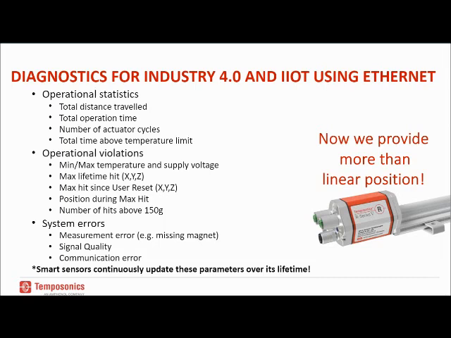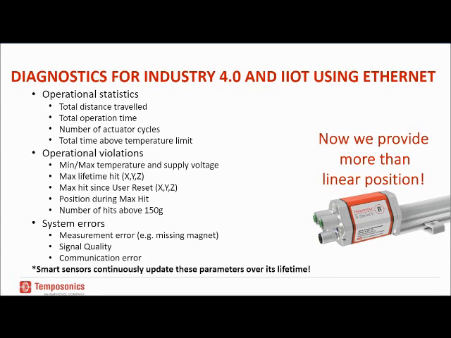And if there are any errors that happen to occur, for example, if you have a sensor with two magnets, but one of them falls off or is broken or damaged or similar, there is usually some type of response from the sensor that the magnet has an issue. We can also check the quality of the signal that we're reading from that particular magnet. And that actually can be very helpful, because you may have different things that can affect the quality of the signal.